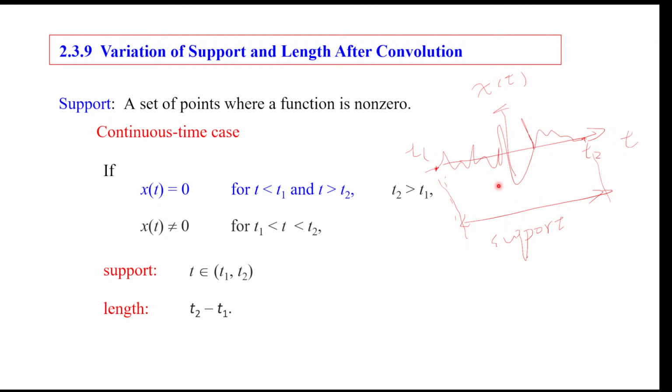That's when you do your experiment. And so your input signal is confined to some finite period, and outside of this period, the signal is all zero. Okay, and so this time period is called the support of your signal. Your signal is non-zero between T1 and T2, like the start of your class and the end of your class.